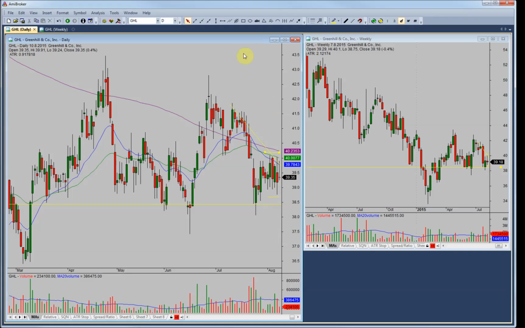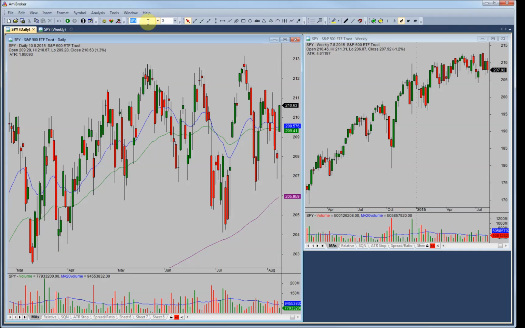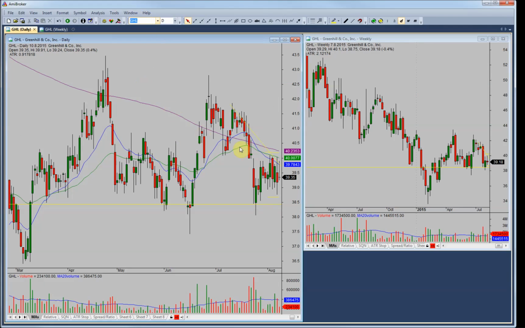If you compare it to the S&P 500 index in this time, you can see that this index was more bullish, above the 200-day moving average, above all moving averages. So this GHL stock showed really huge relative weakness.